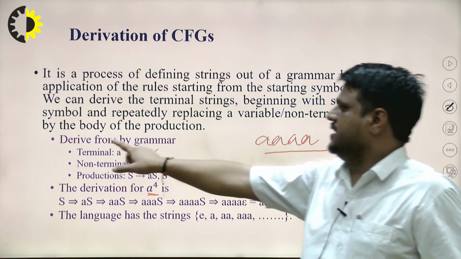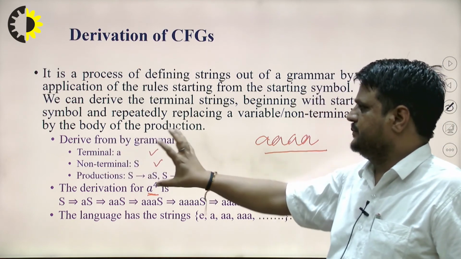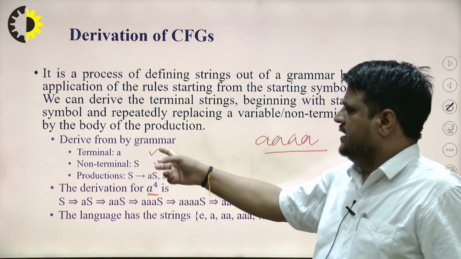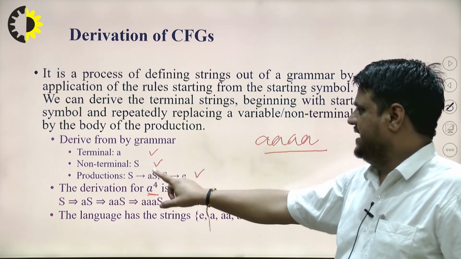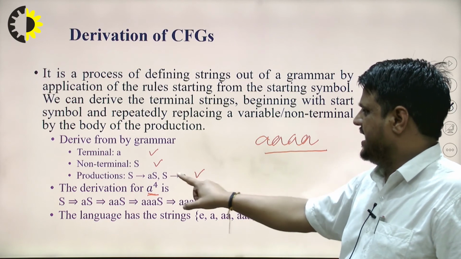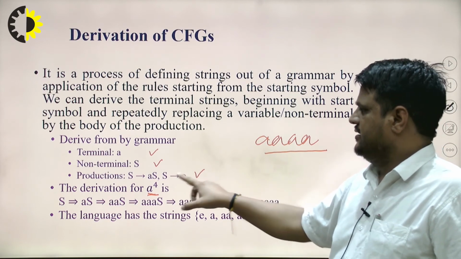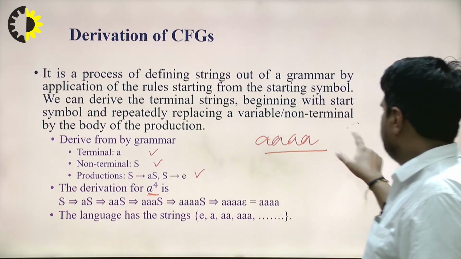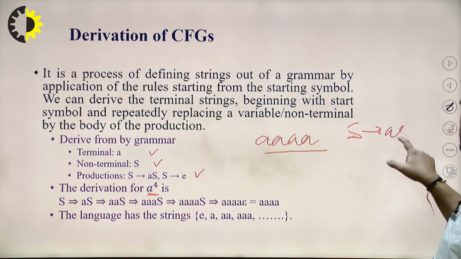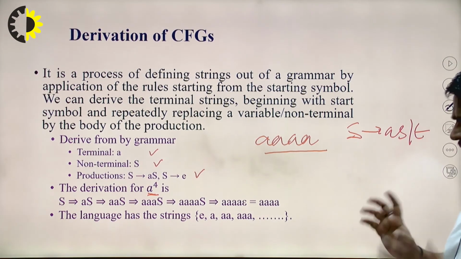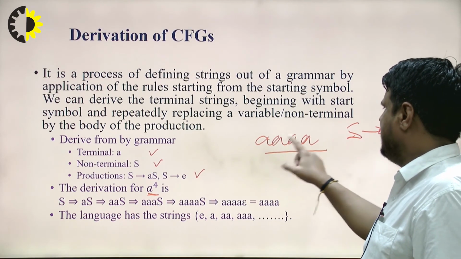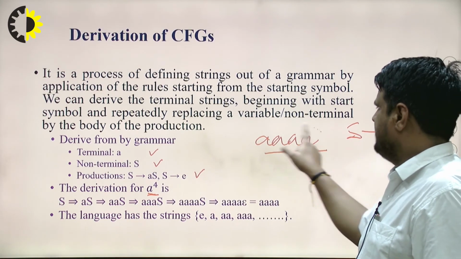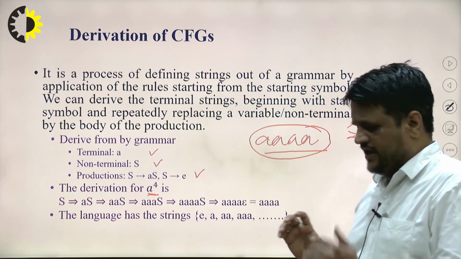Basically, to derive from a grammar, we take here an example where the terminal is a, the non-terminal is S, and the production is S tends to aS | S tends to epsilon. We have to derive the string a to the power 4. So how can we derive?